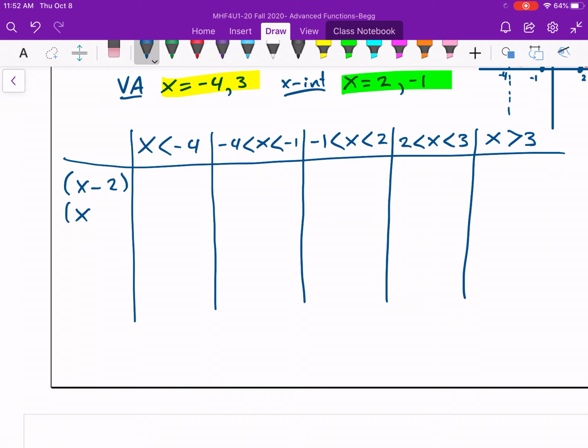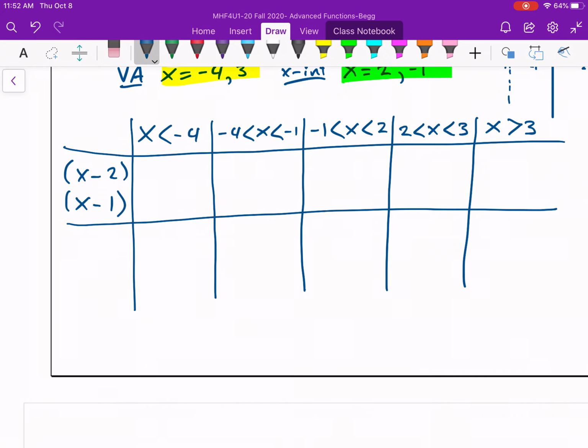I don't have to have brackets around this, but I've started, so I'll keep it like that. Those are my 2 factors of my numerator. I could even divide it up if I wanted to. I don't need a line here, but that might help me see that's my numerator. My denominator, I had the 2 factors, x plus 4 and x minus 3.